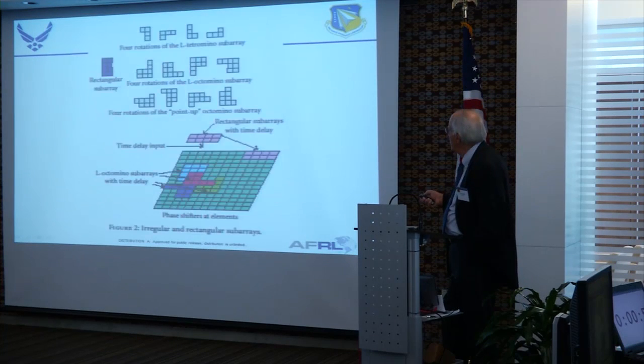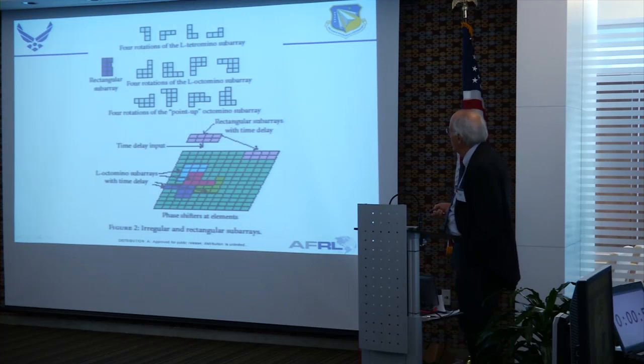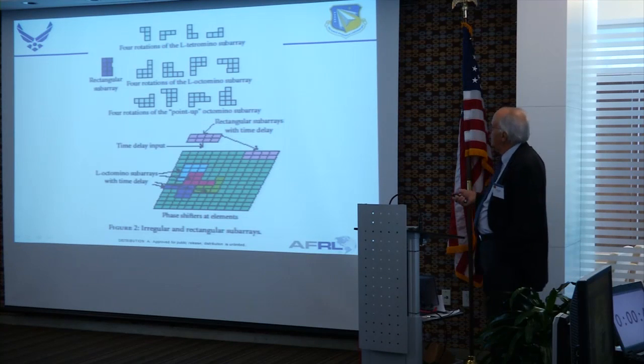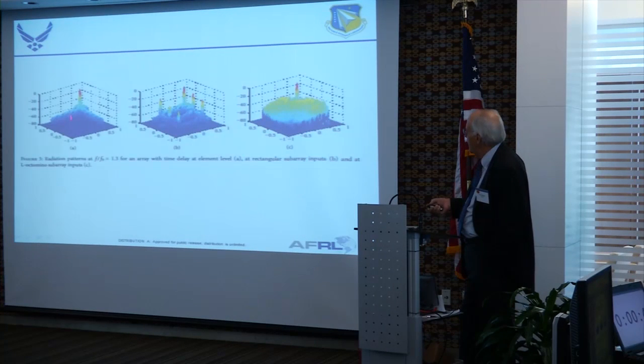And when you do, if you do a regular grouping of these, like tiling with just rectangles, you get a lot of interference. But they found that if you do it with polyominoes, you get much less interference.